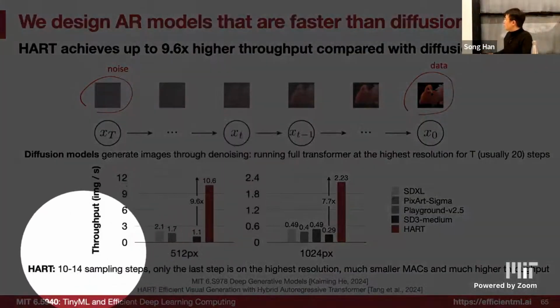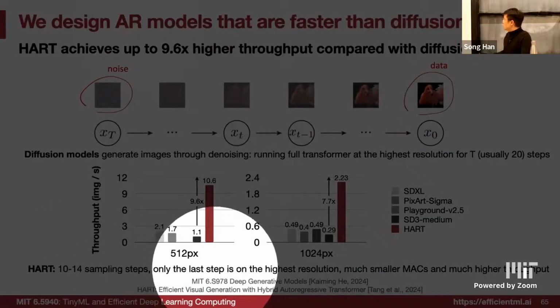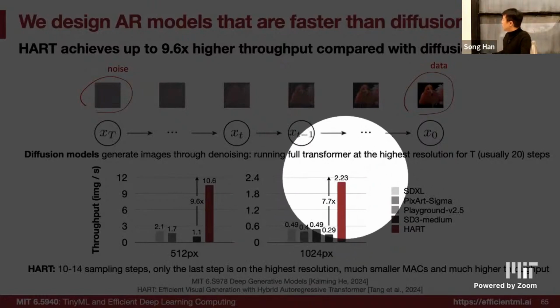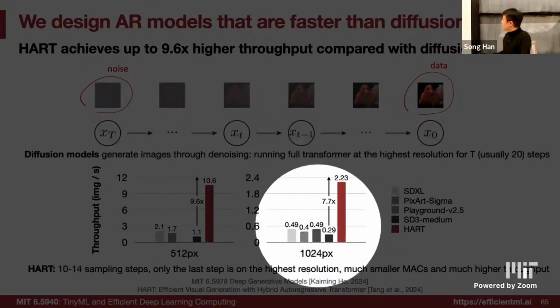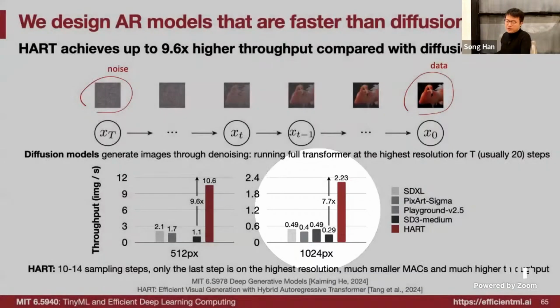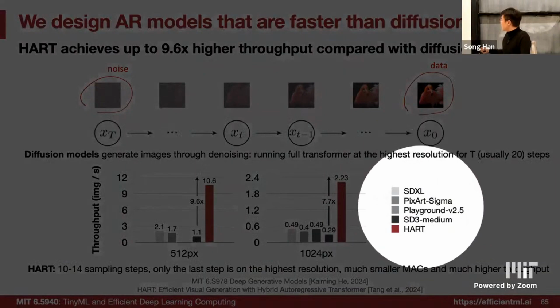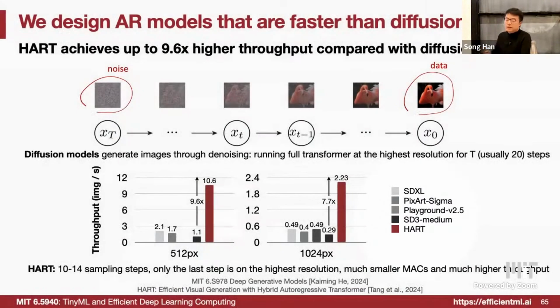Our AR approach requires a much smaller number of steps and achieves much higher throughput, like 2 images per second compared with 0.2 images per second, much faster compared with SDXL, PixArt-Sigma, Playground, SD3, etc.